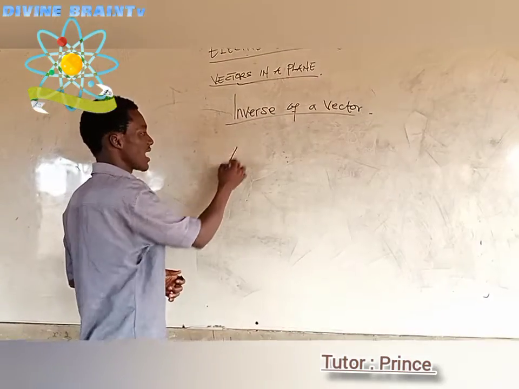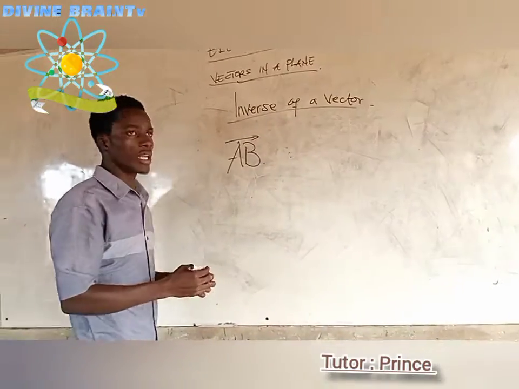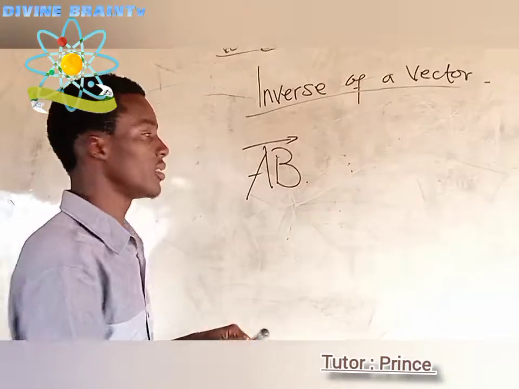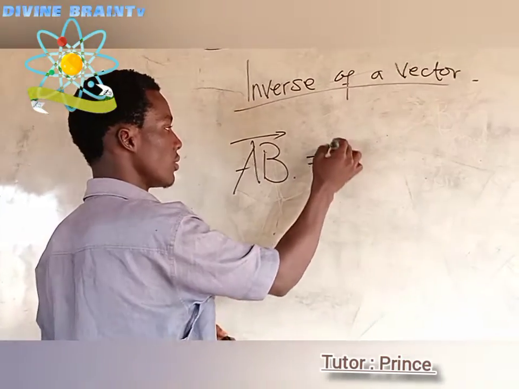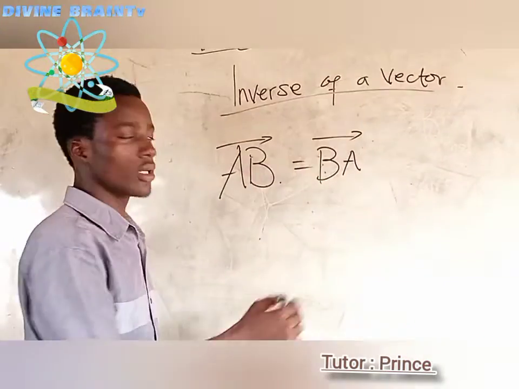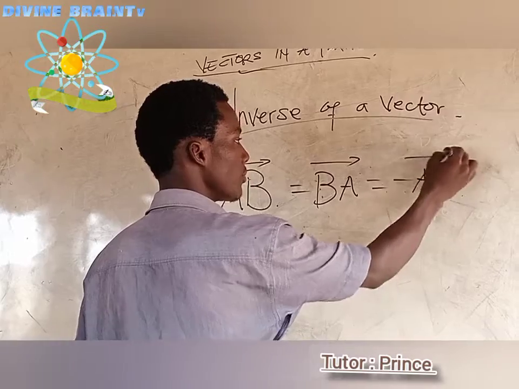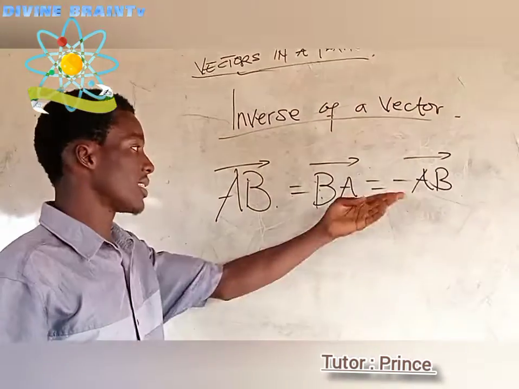So assuming we have our vector AB, the inverse of AB is equal to BA, and this is equal to negative AB. So that is the inverse.